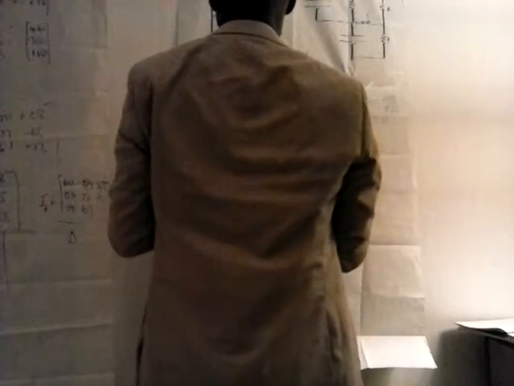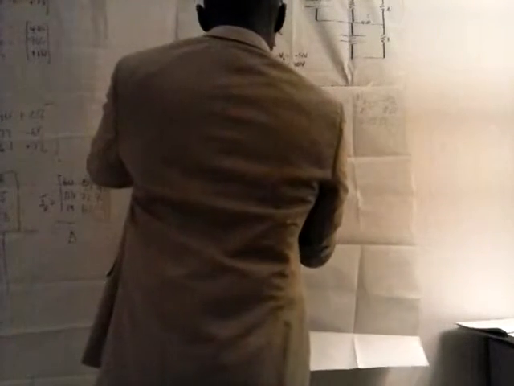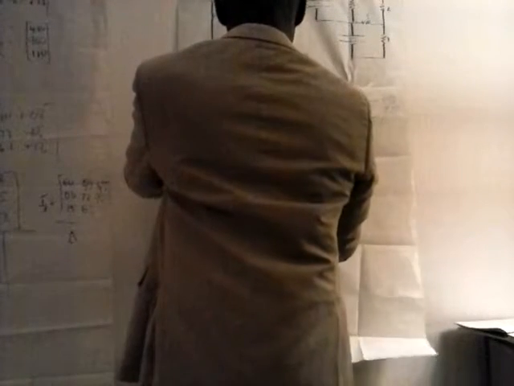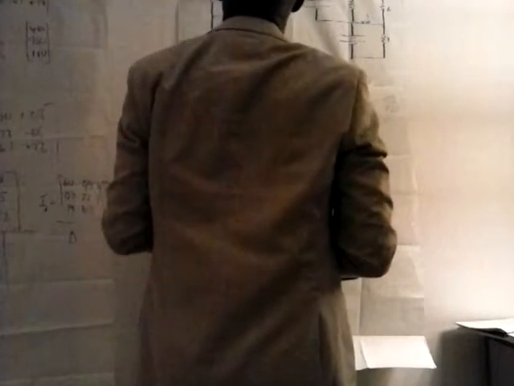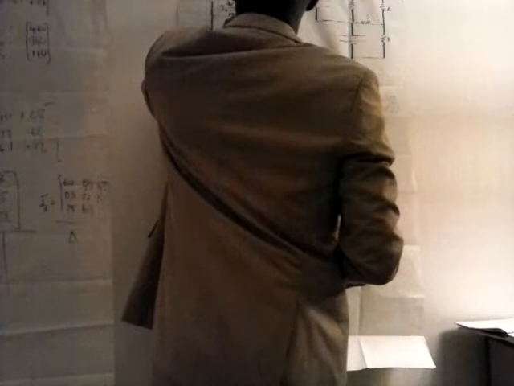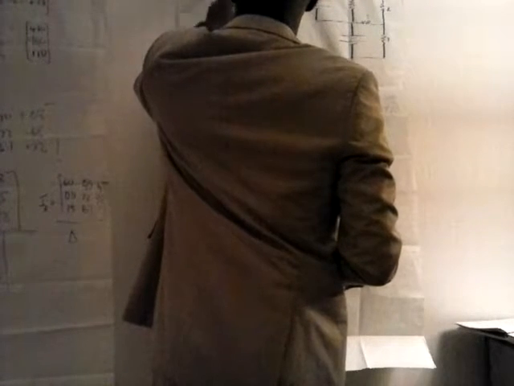Or we will take the KVL around this loop. Let's take KVL. 5 volts will be equal now to 2 times I1. And coming down now, we'll be coming in reverse to this one. So this would be minus I2.